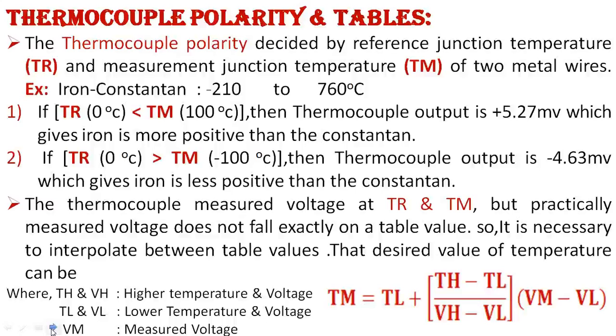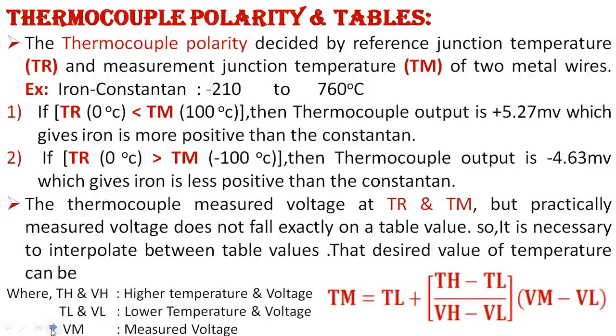If TR is 0 degrees Celsius and less than TM, which is 100 degrees Celsius, then the thermocouple output is plus 5.27 millivolt, which gives iron more positive than constantan. If TR is 0 degrees Celsius and greater than TM, which is minus 100 degrees Celsius, then the thermocouple output is minus 4.63 millivolt, which gives iron less positive than constantan.